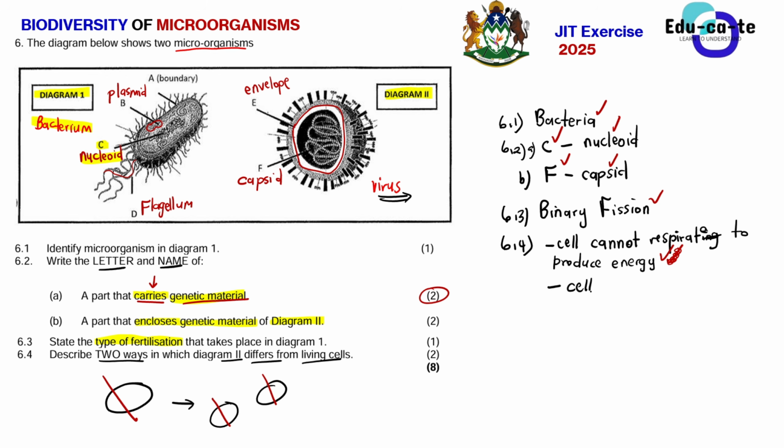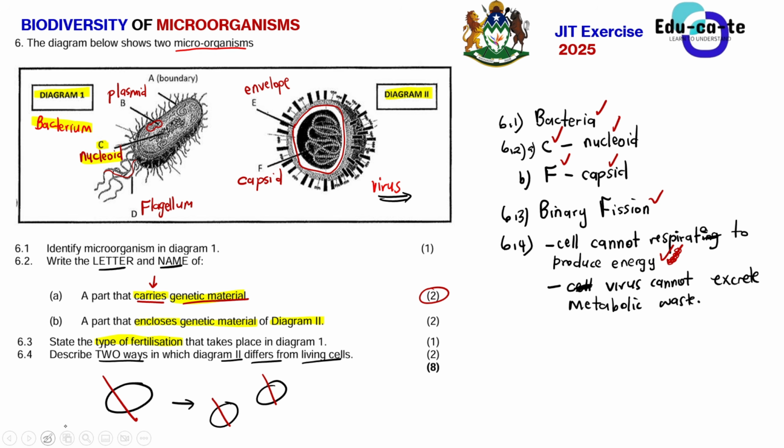The virus is not really a cell, by the way, but basically it does not excrete any waste. We usually call the waste metabolic waste. So basically, viruses are not able to excrete waste.